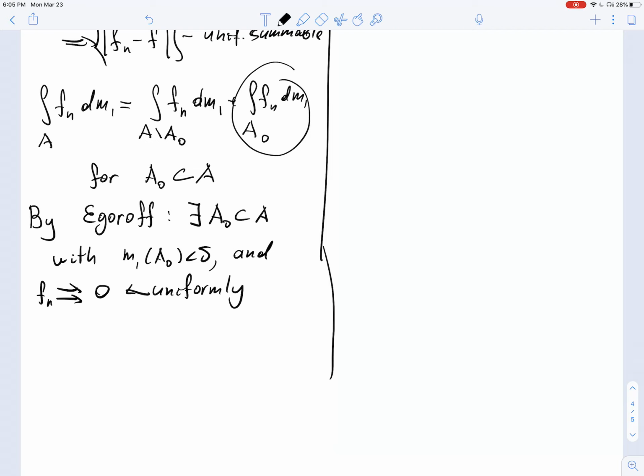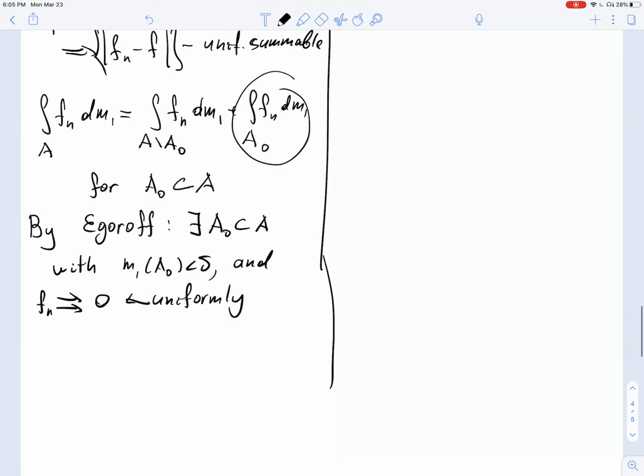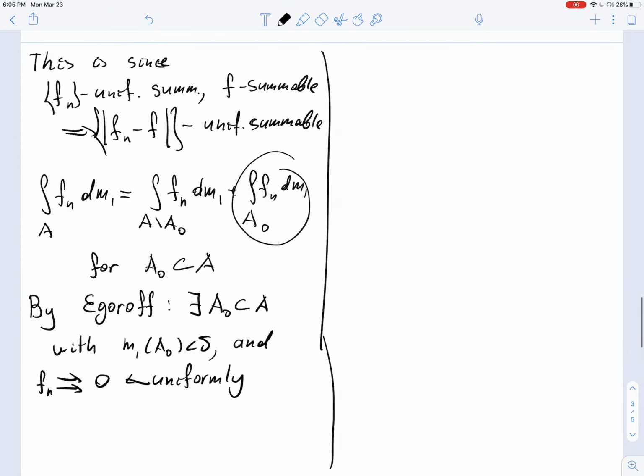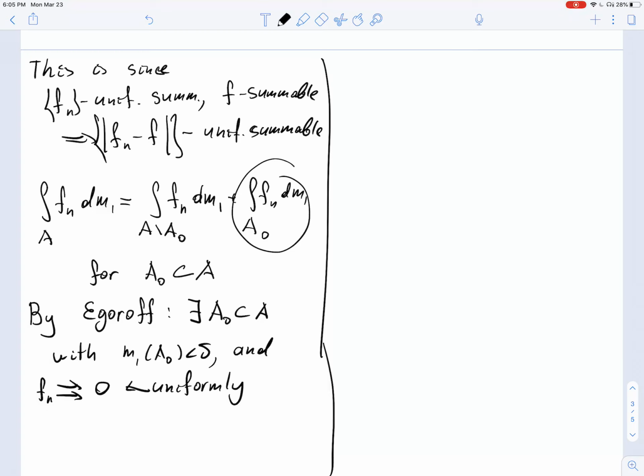It says that if we have a set of finite measure and we have pointwise convergence, then we have uniform convergence on a big chunk of our set. Alright, and so this implies that the integral over A0 is less than epsilon, but it also implies, sorry, I forgot an important thing, uniformly on A minus A0.